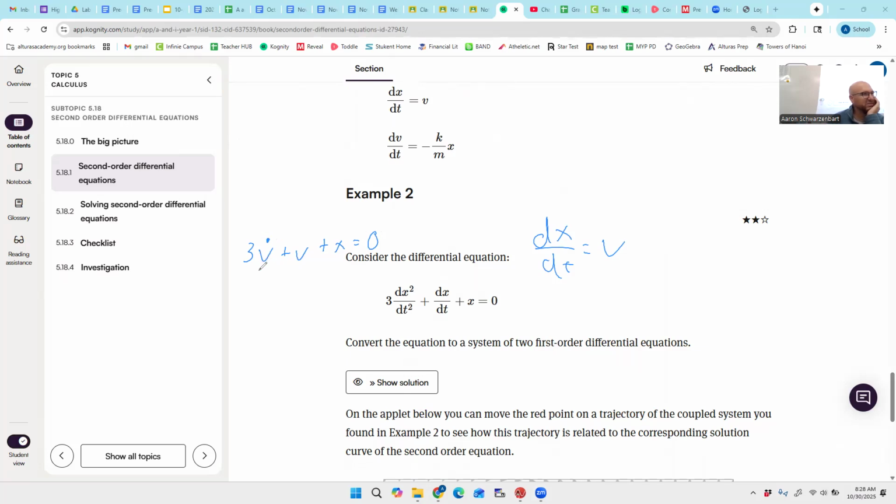Now I need to solve for v prime or v dot. So 3v dot equals, I'll subtract the v and the x from both sides. Good so far? Divide by 3.